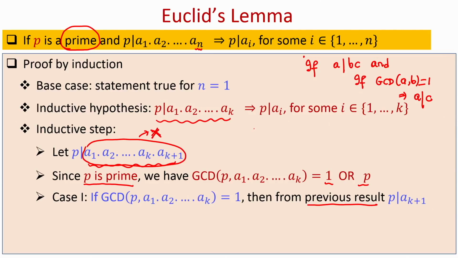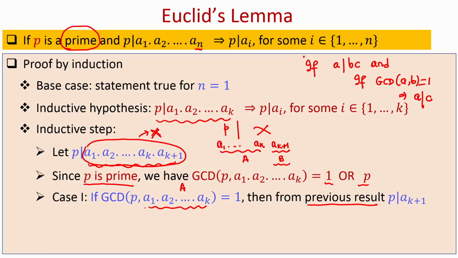I can treat my x as A1 to AK, the product of the first k, which is my capital A, and I also have AK plus 1 in the product, that is B. I know that P divides x, that means P divides the product of capital A and capital B, and I am in the case where P is co-prime to capital A, because this product of the first k terms I am calling A. Then from the previous result I know that P has to divide capital B, and capital B is nothing but A of k plus 1.